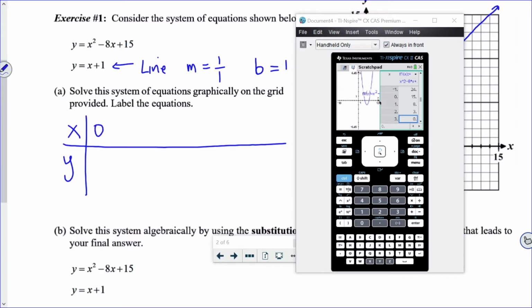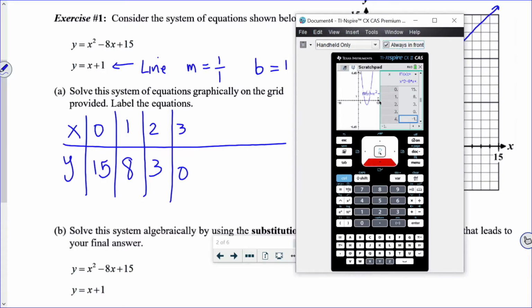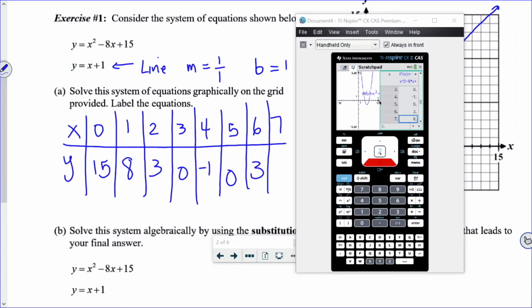I've got 0, 15, 1, 8, 2, 3, 3, 0. Let's bring some more up. 4, negative 1, 5, 0, 6, 3, 7, 8, and maybe one more, 8 and 15.